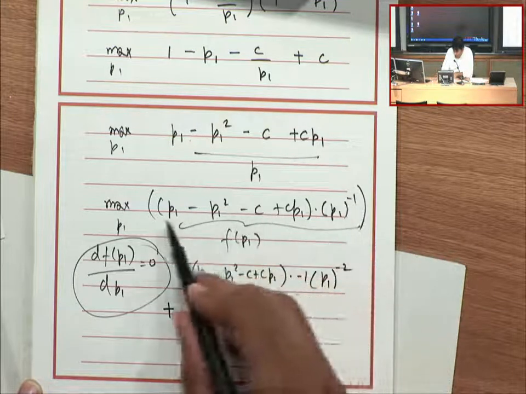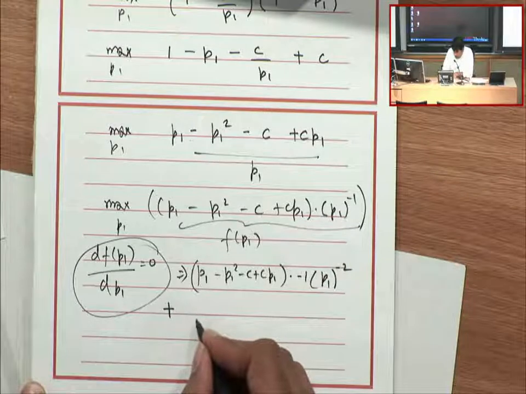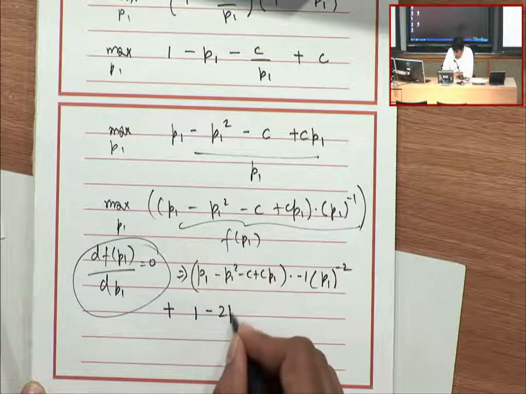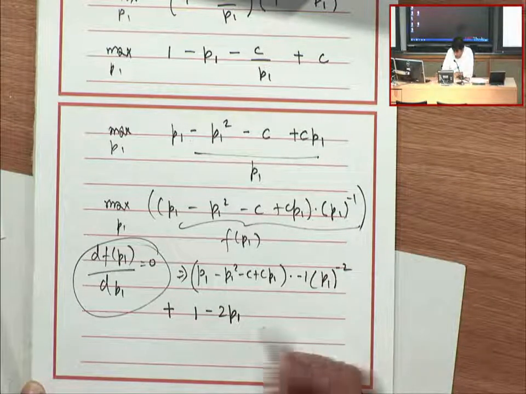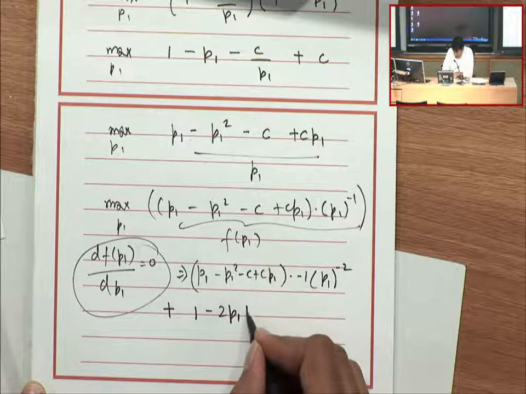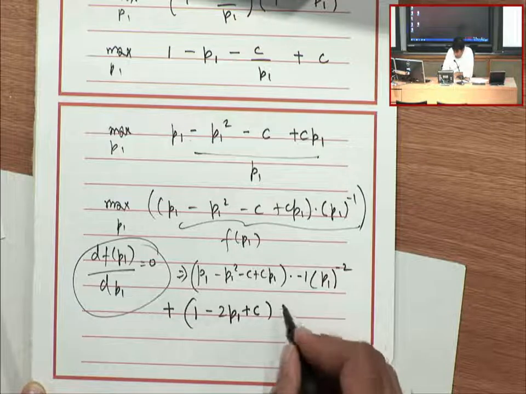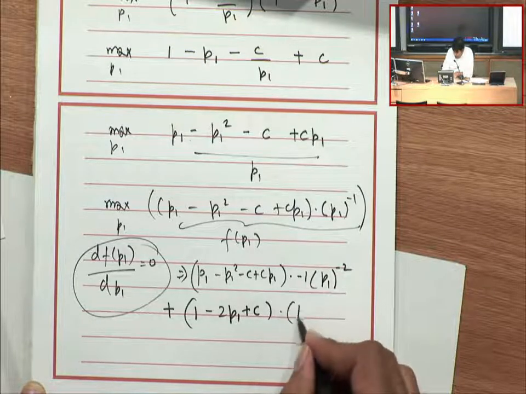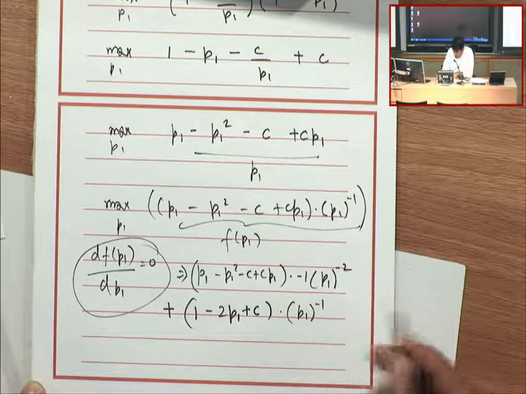keep that constant and take the derivative of this, so we get 1 minus 2P1. The derivative of the constant is 0, and this is plus C, times P1 to the minus 1.